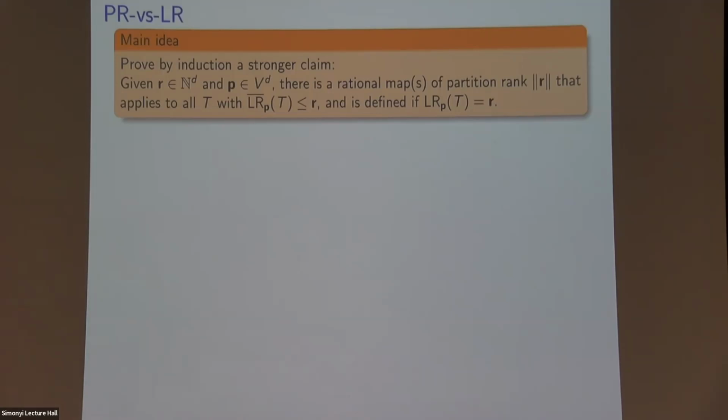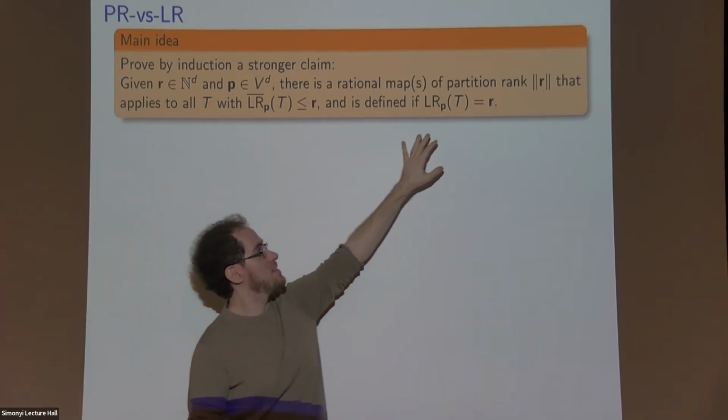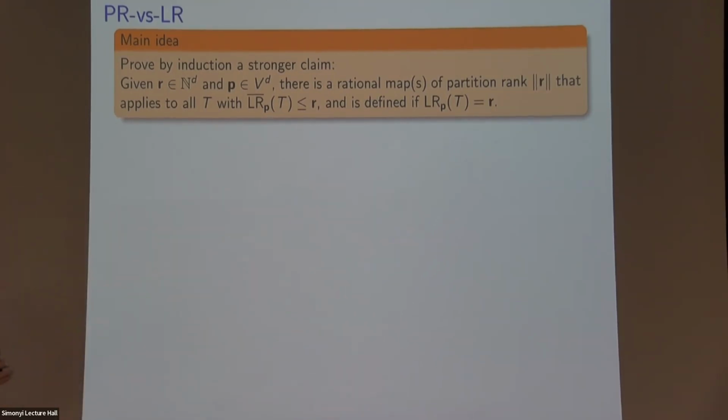For it to be defined, I need the local rank of the tensors to be exactly equal to R. So it works for this set, but it's defined for that. I'll show you an example, and it will make this kind of statement much clearer.